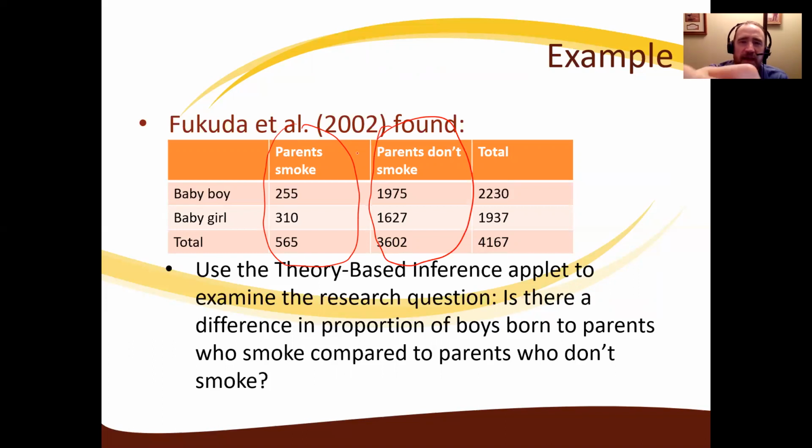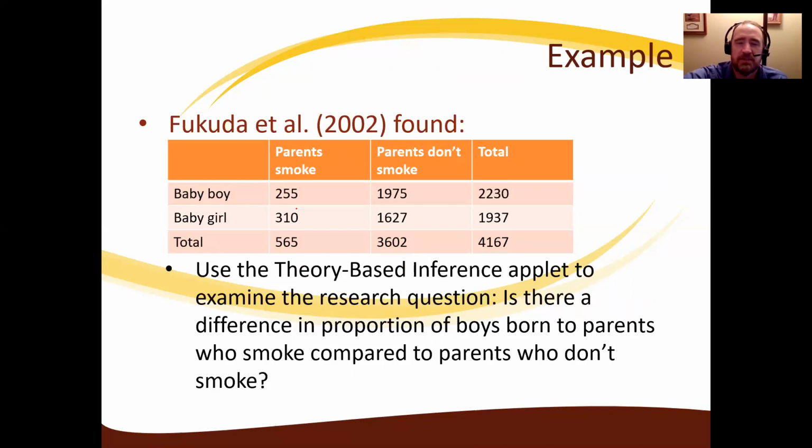And then they looked at whether the child of the family was a boy or a girl. So presumably they just had one child, or maybe they were pregnant with a baby, and they looked at what the next one was.